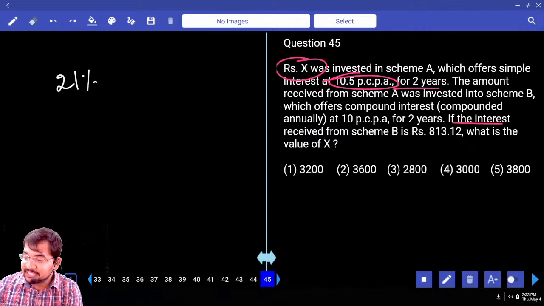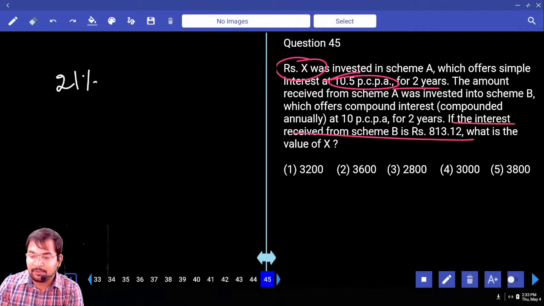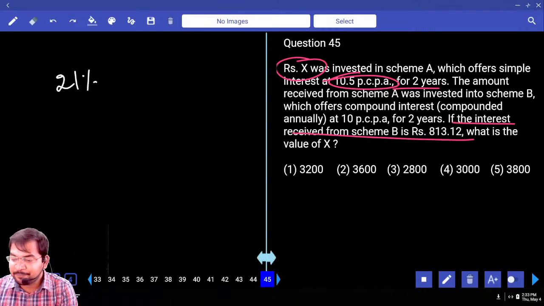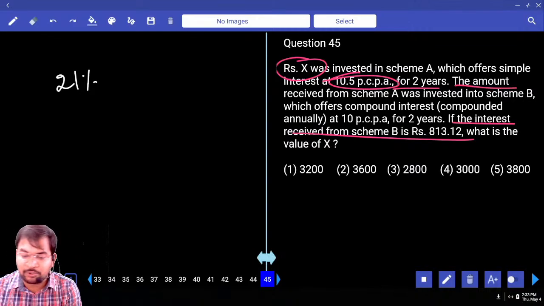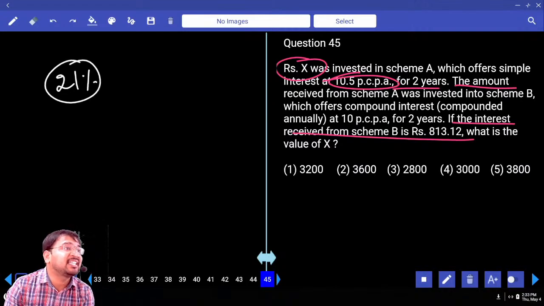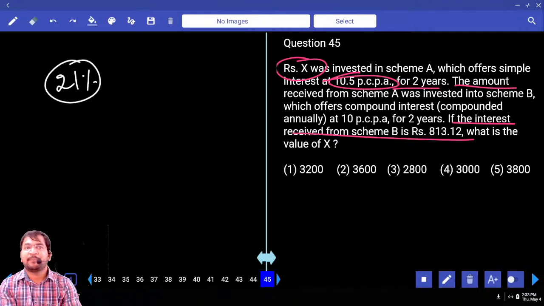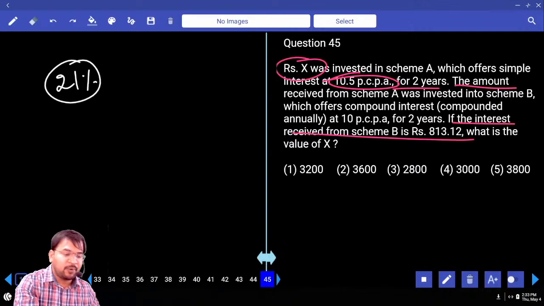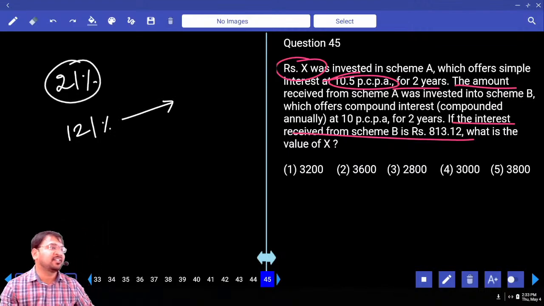They given the interest received from scheme B; we don't know scheme A interest. The principal is 100%, interest is 21, amount is 121. That one you have to keep in compound interest.